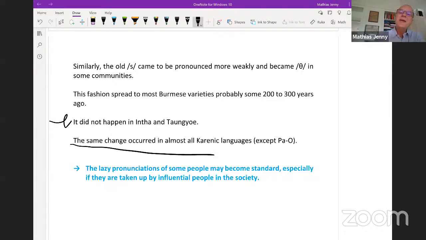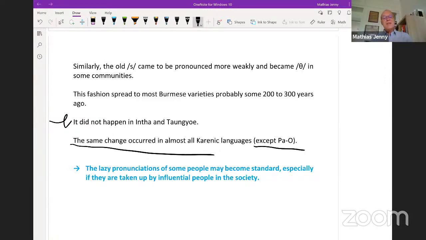And also in most Karenic languages, they have the change sa to tha, but not in Pa'o. And Pa'o is very close to Inta, of course, geographically. So maybe it's just that area that didn't make that change, but all the rest made the change.